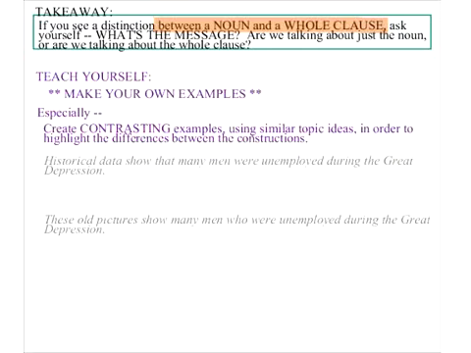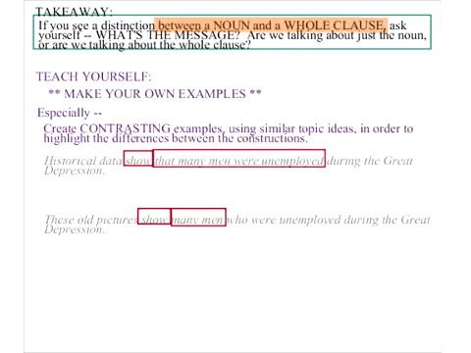Both are correct because they mean what we want them to mean. What do the pictures show in this sentence? A picture can't show the idea that men were unemployed. The picture has to show somebody, so the picture actually shows men. But data don't show people's faces. What the data can show is the whole idea that lots of guys didn't have jobs. So this would be correct, and this would also be correct.